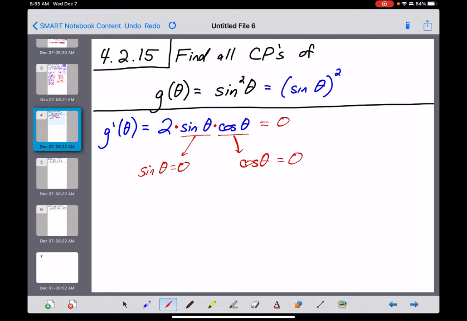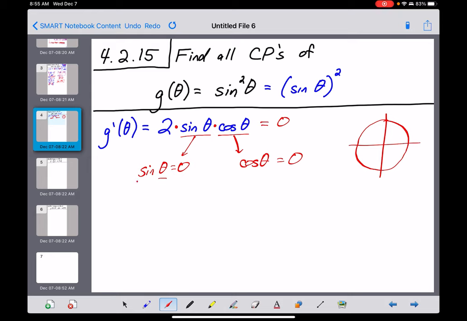Now, as I look at number 15, there were no restrictions in this problem about what values of theta we were looking at. So when I ask you guys what values of theta have a sine value equal to 0, there's a whole bunch of answers to that question. In fact, there's an infinite number. So if we were to go to our unit circle here real quick, I would hope you guys remember that our sine value is y, or your y coordinate at any point on the unit circle.